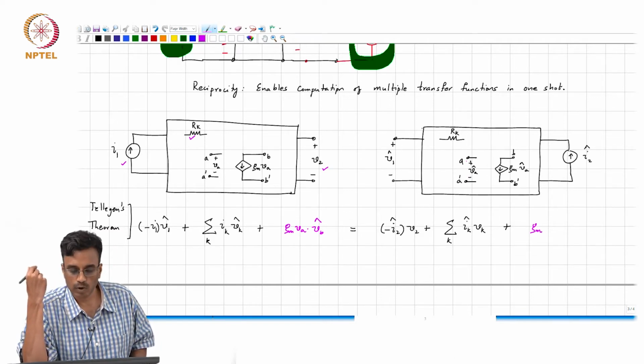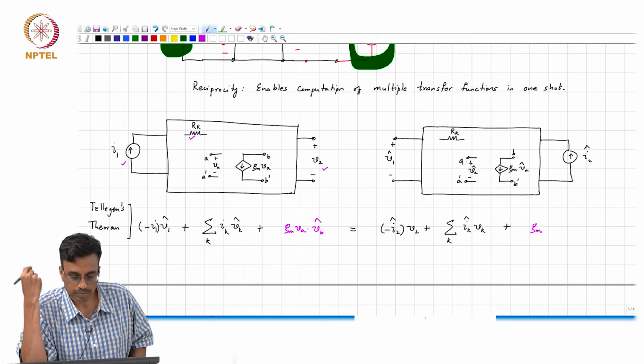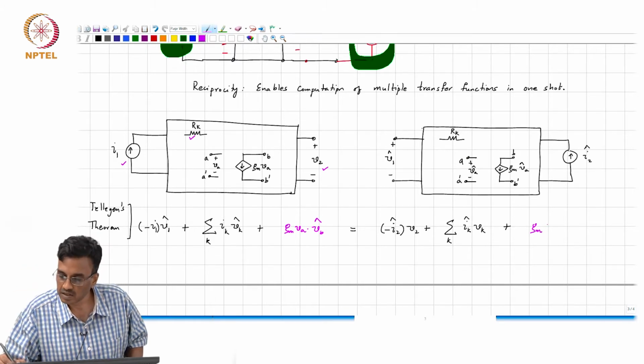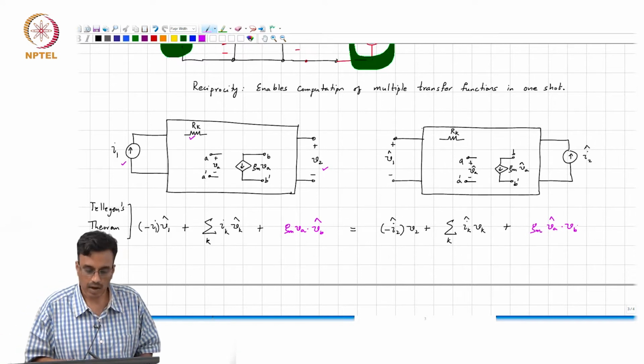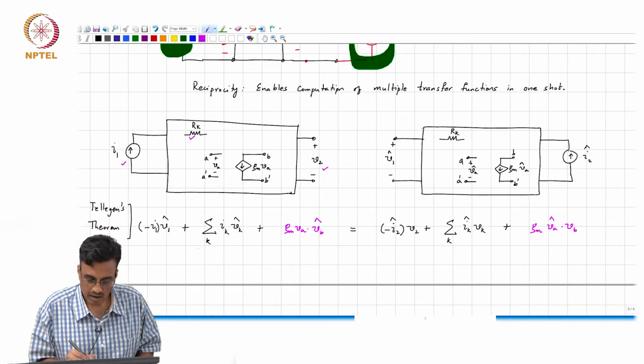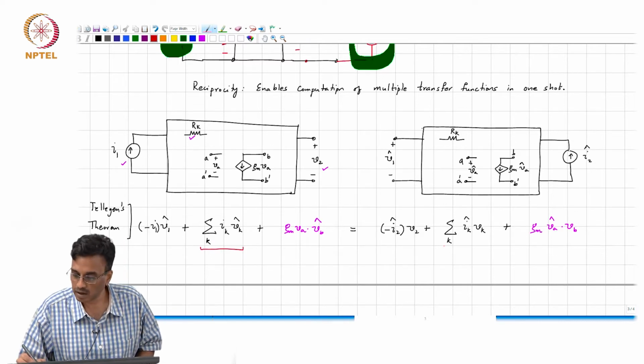So we only have to worry about the B port, right? And that is what now? Gm times Va hat times Vb. Okay. And what comment can we make about this character and this character?